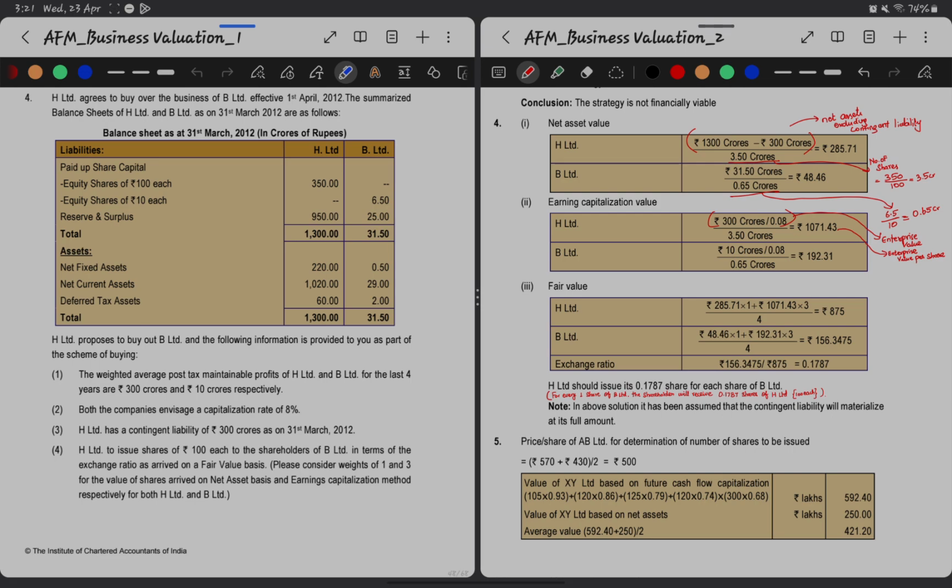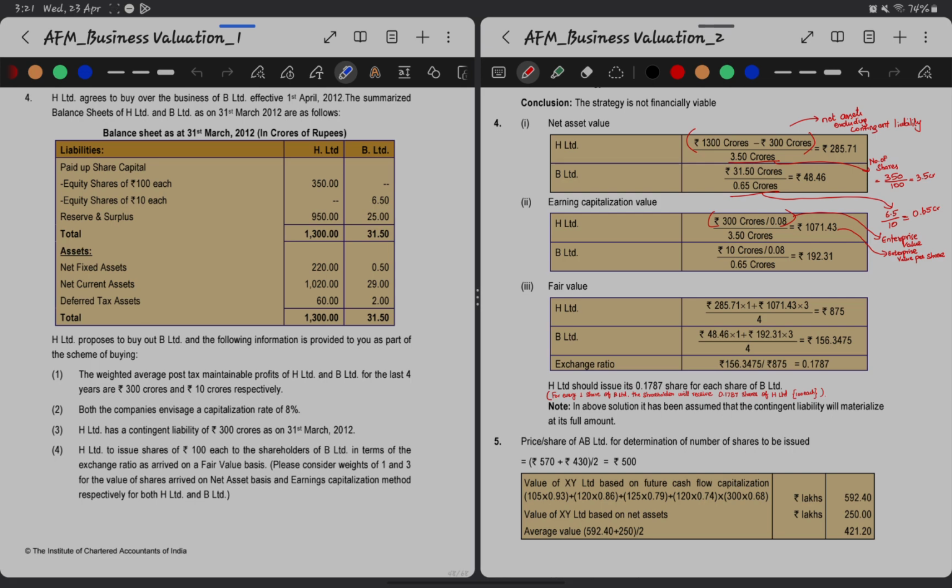While checking the worth, we will be checking how much liabilities are pending or yet to be paid, or what liabilities will come in the near future, and if there is a pending lawsuit, or any bank guarantee given, or any tax dispute going on with the departments, then obviously the investor will reduce the value of the business to that extent, because nobody wants to pay this liability after acquiring the business.